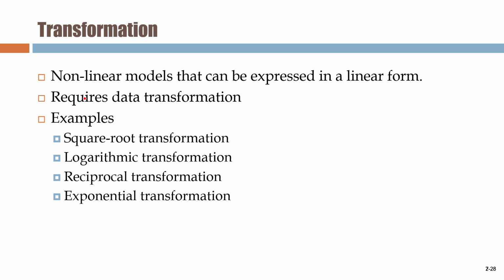Square root transformation is you just apply the square root either on the y or on x. Logarithm is you just apply the log or natural log. Reciprocal is 1 over x or 1 over y, and the exponential is the exponent to x or exponent to y.